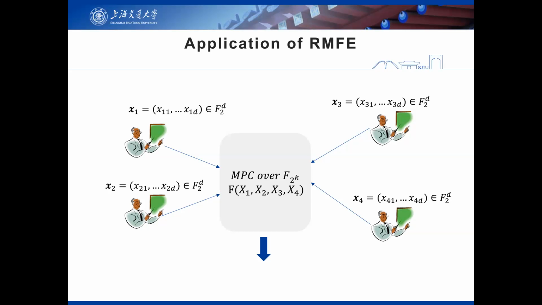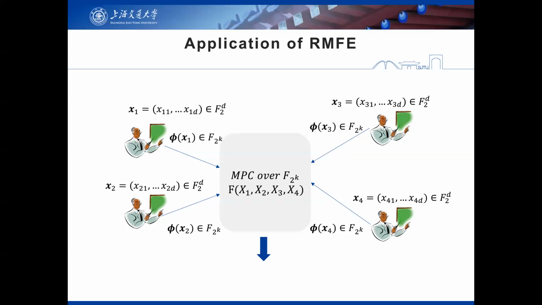Okay, so now we can see this application of RMFE. Here I will just illustrate this example with 4 parties. First, each of the 4 parties has maybe D private inputs. You can think of it as D instances. The first step is that they map it, here I use a field for the example, but it also works for the integer ring, to an element over an extension ring, extension field.